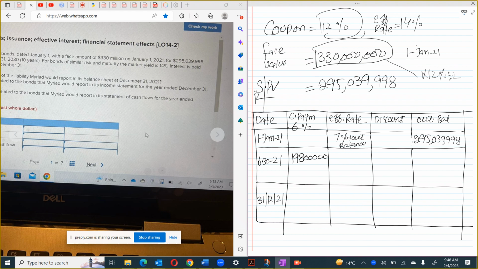Then you will record this amount, this effective interest rate, as operating activity. This is the operation part, operation activity.